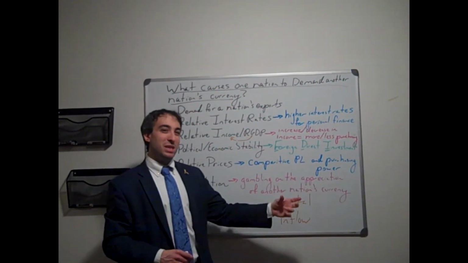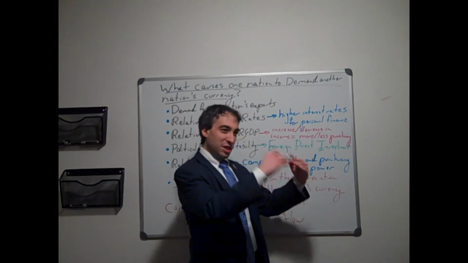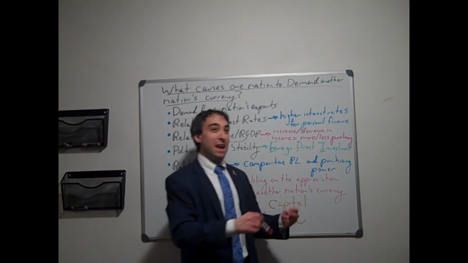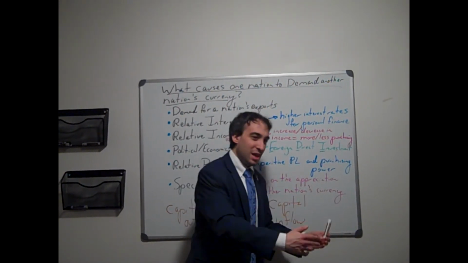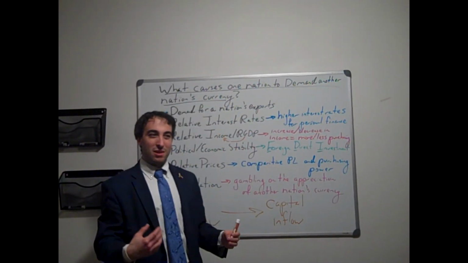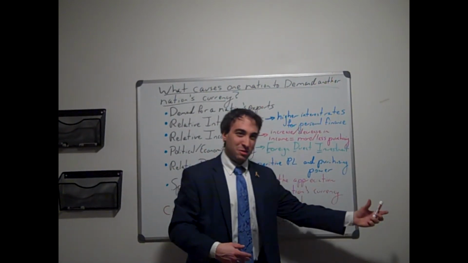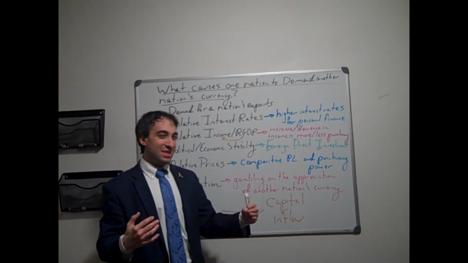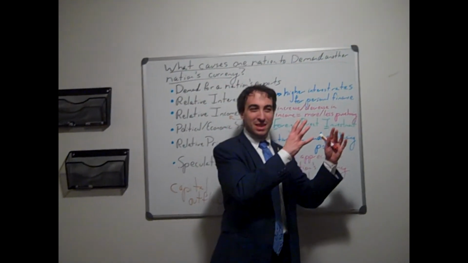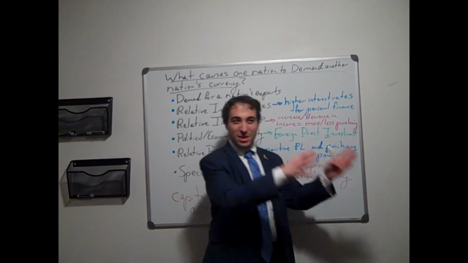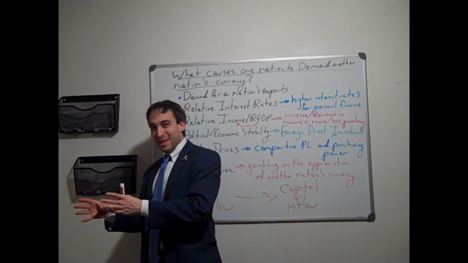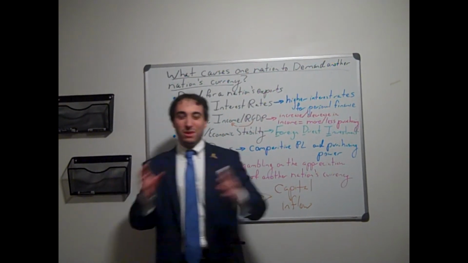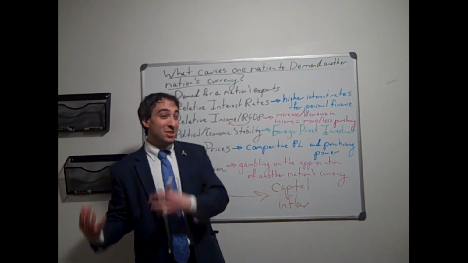When nation B's currency appreciates, where instead one American dollar buys 1,000 of nation B's dollars, now let's say it becomes 1-to-1. Now that person has 1,000 of those dollars, they flip it back to nation A's currency, and they can now buy 1,000 American dollars with that currency. So it's an interesting way to gamble.